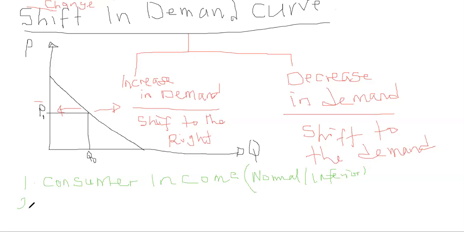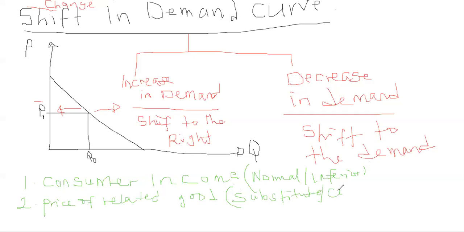The change could be caused by the price of related goods. When we look at price of related goods, we will also look at whether the two goods are substitute goods or complement goods. We will also look at those cases.